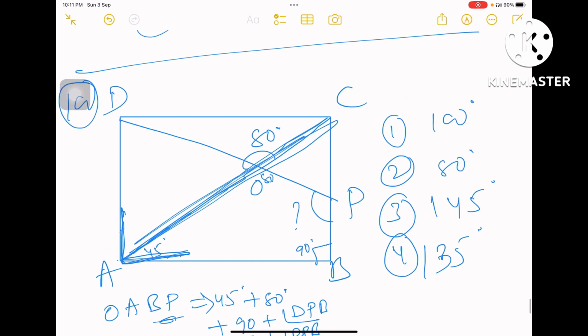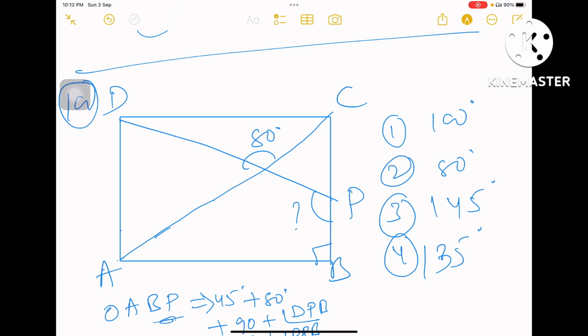How did it become this? Let us start from the beginning. We have diagonal AC here. Diagonal AC bisects angle A and angle C. Here you can see angle COD is 80 degrees.